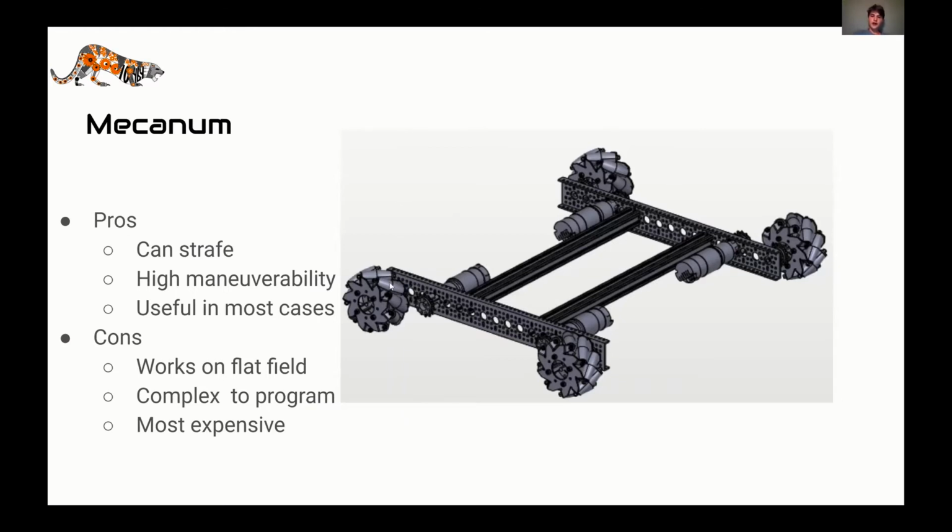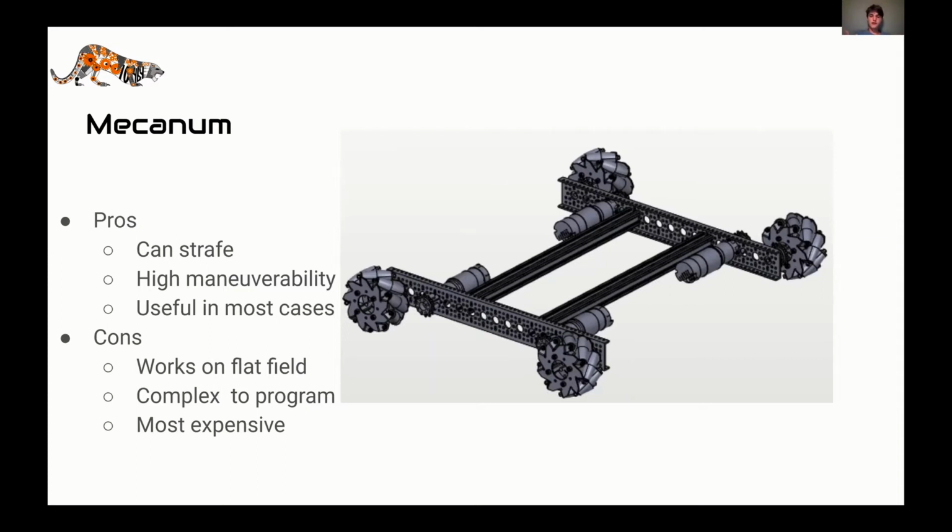As you can see, they have these rollers that are configured at a 45-degree angle to the axis of rotation that the wheels are turning along. If you drive those wheels against each other, those rollers will actually slide the robot along the direction that those rollers are facing. And you can get strafing or side-to-side movement, but you still retain a decent amount of traction.